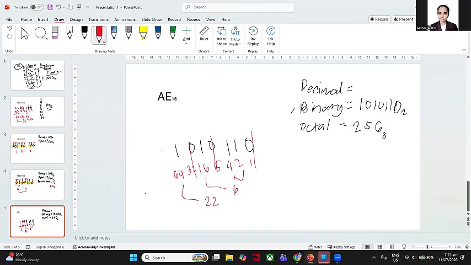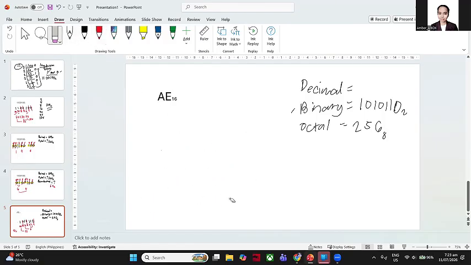So now we have our decimal, 10, 14. Okay, I missed a 1.